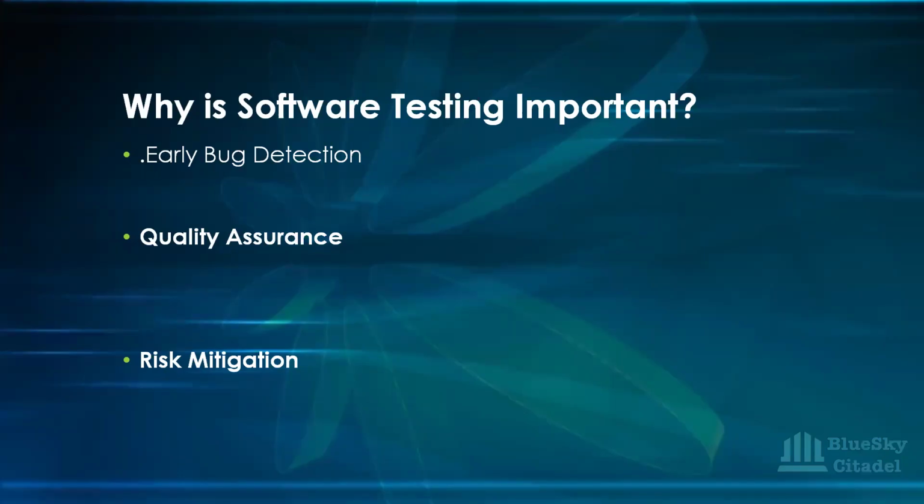Anyway, moving quickly to quality assurance, which is also another reason why software testing is important. Quality assurance is a systematic process to determine whether a product or a service meets specified requirements. Again, we are talking about meeting, because that is what this is all about. We want the application that we are building to meet the requirements, which is the documentation, like I said earlier.